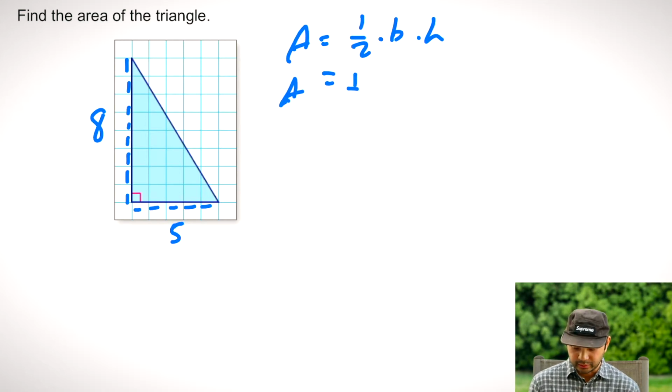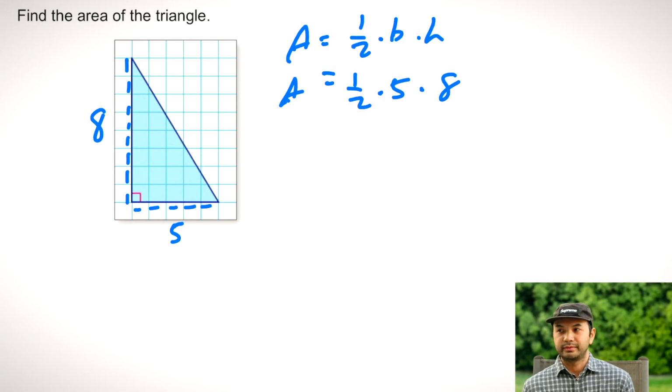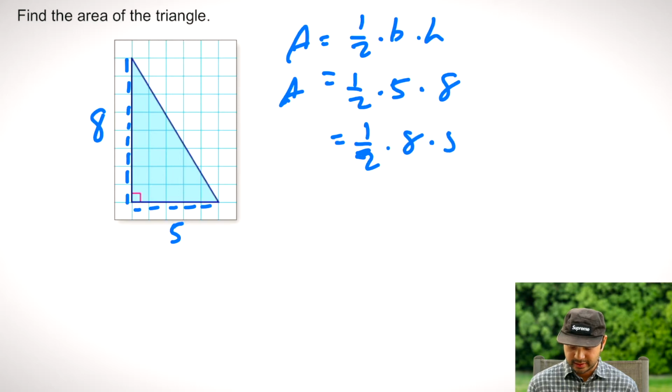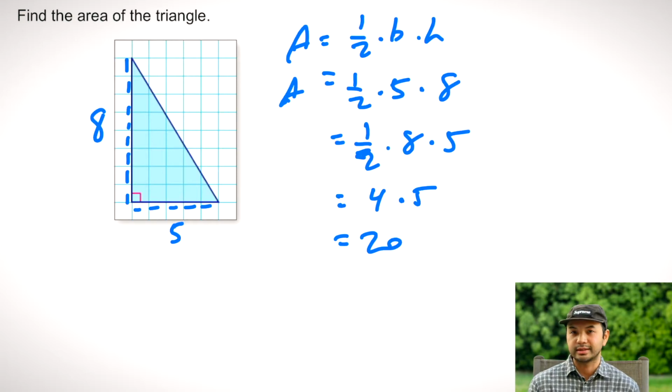The area will equal 1/2 times the base of 5 times the height of 8. The commutative property of multiplication says you can multiply in any order, so you don't have to take 1/2 of 5. You could just go 1/2 of 8 times 5, which is 4 times 5, and this is 20. It's not saying if it's inches or centimeters, so we're just going to say 20 units squared because it's area.